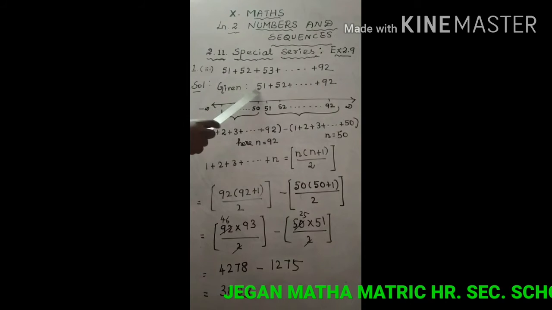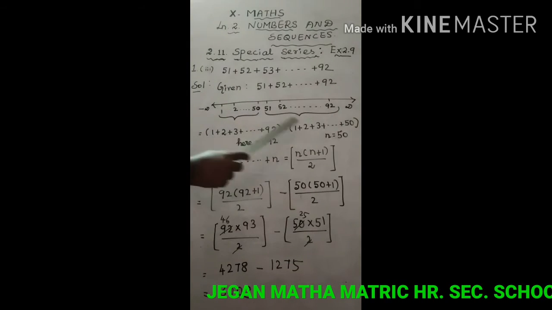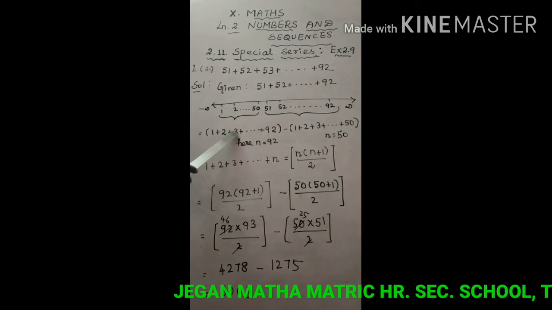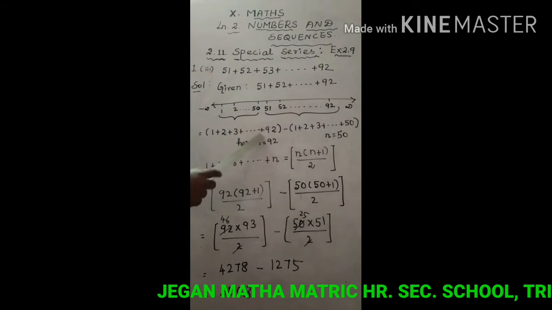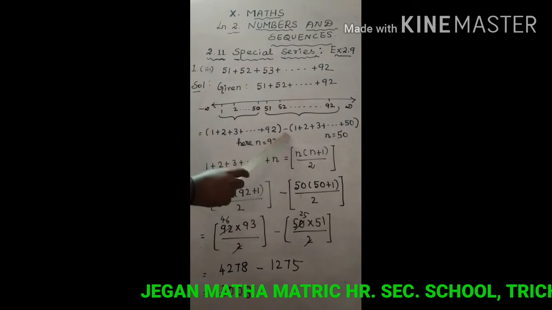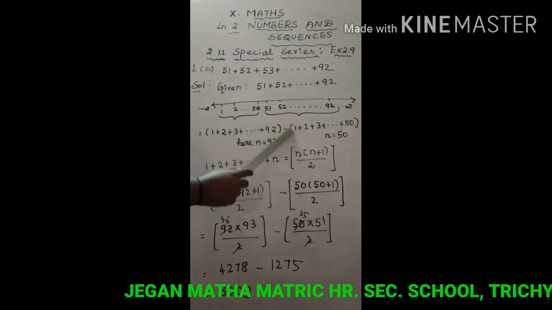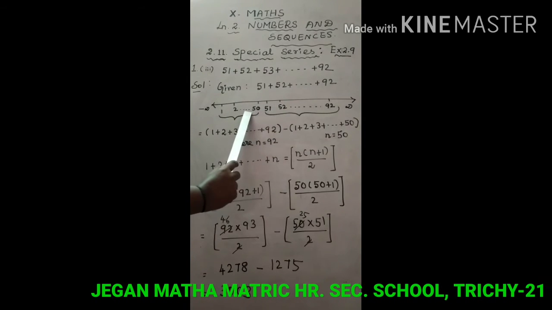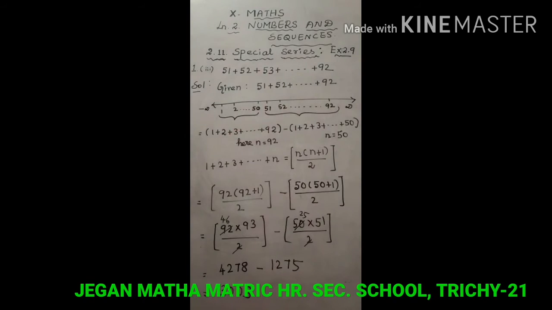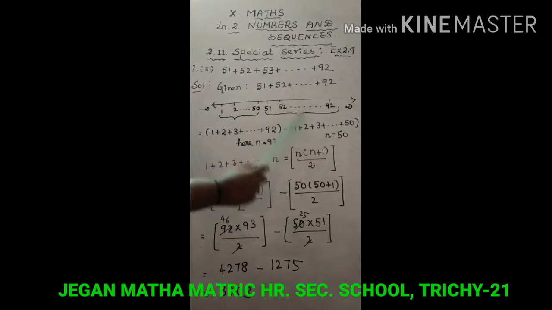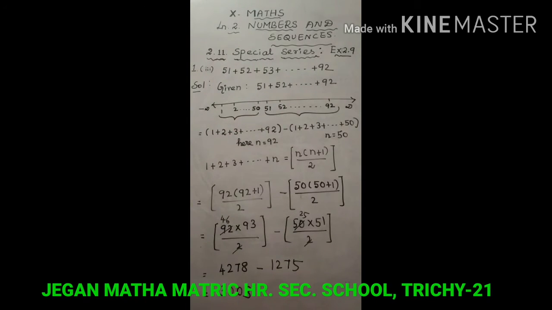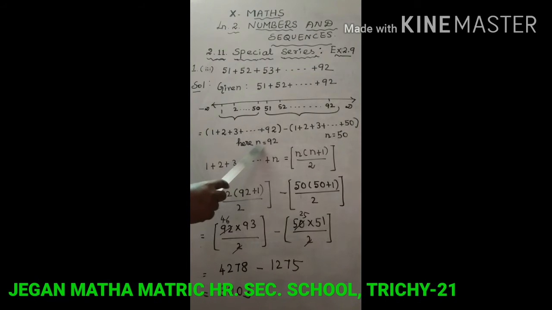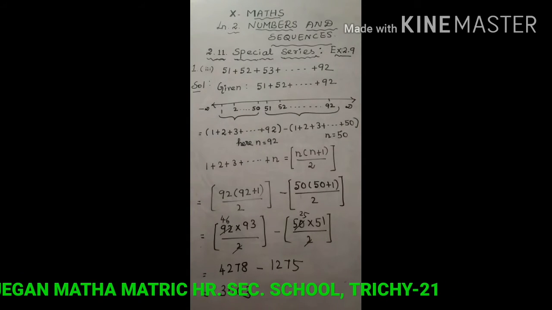So we split the given series into two series now: 1 plus 2 plus 3 up to the last number 92, minus 1 plus 2 plus 3 up to the number before 51, which is 50. So we split the given series into two series. Here in the first series we have the last number n is equal to 92.